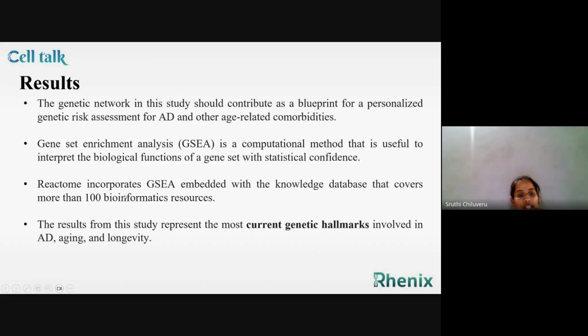And Reactome, which is a bioinformatics database, incorporates gene set enrichment analysis embedded within the knowledge database that covers more than 100 bioinformatic resources. The results from the study represent the most current genetic hallmarks involved in Alzheimer's disease, aging, and longevity.